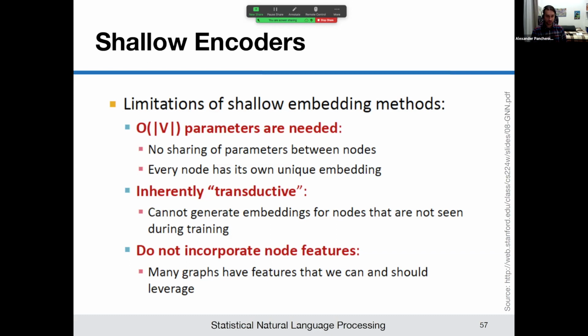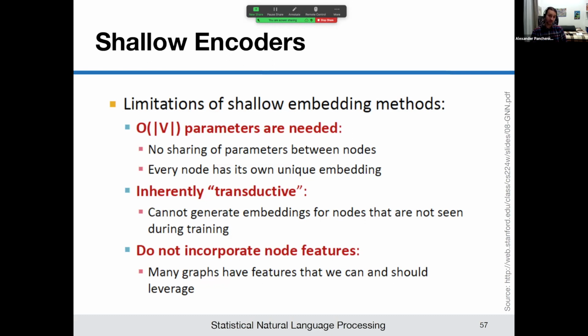You would not be able to look up any embedding for this node. And the last shortcoming is that node embedding generates features dynamically, which is nice: you just run these random walks, and through information about co-occurrences you get these vectors.